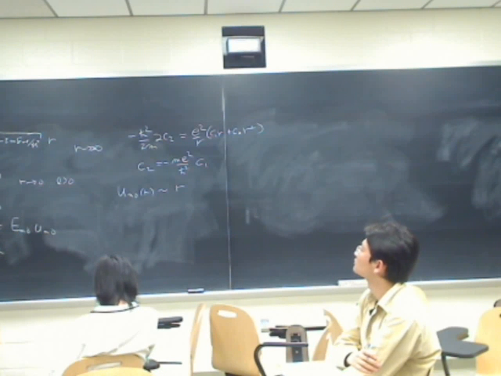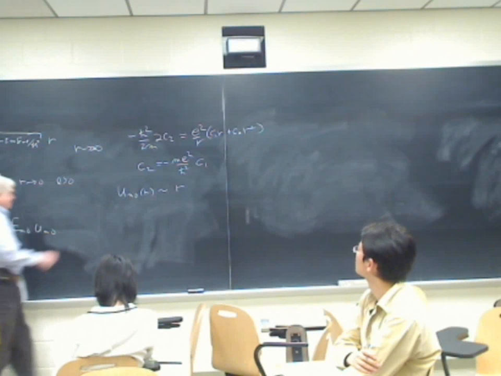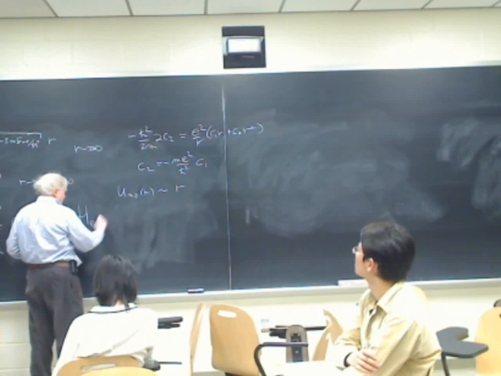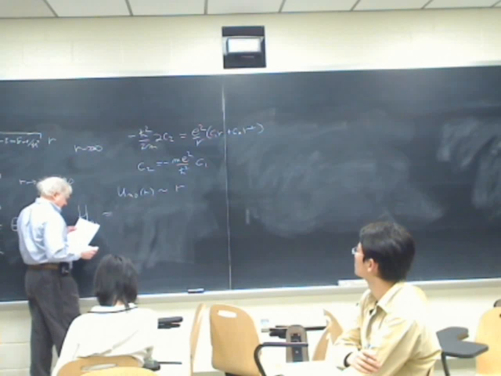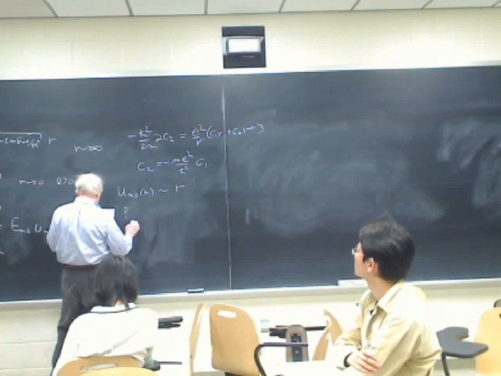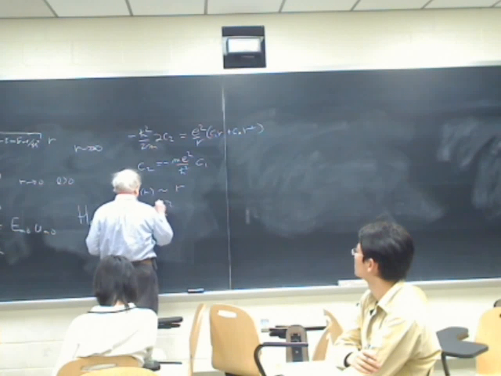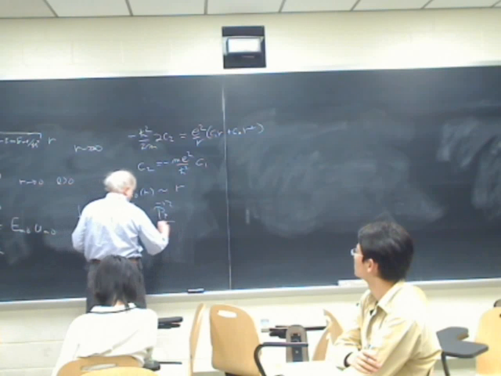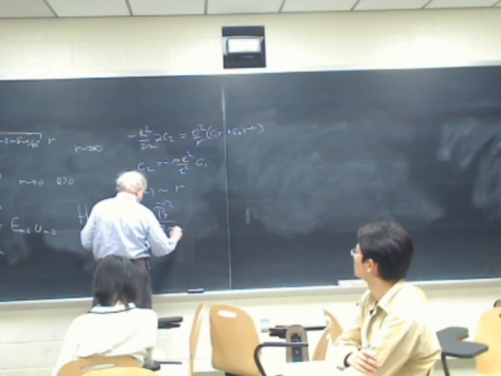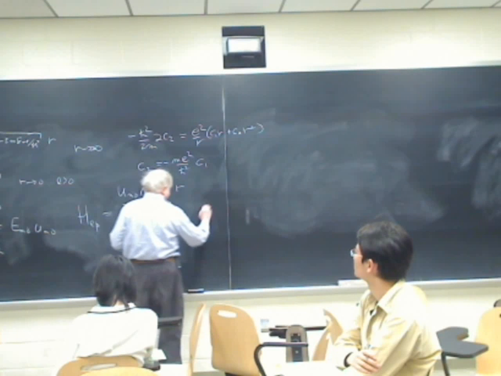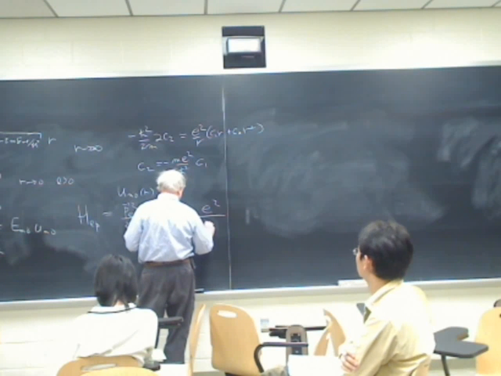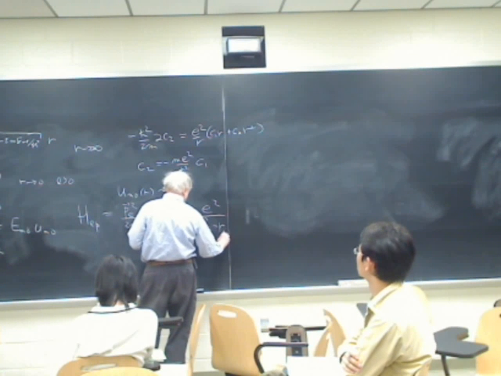All right, let me remind you though, this is something that is often skipped in these analyses, and I think it's a little bit too bad. The Hamiltonian for the electron-proton system is p_electron squared over 2 mass of electron plus p_proton squared over 2 mass of proton, and then minus e squared, again in these units, over r_e minus r_p.